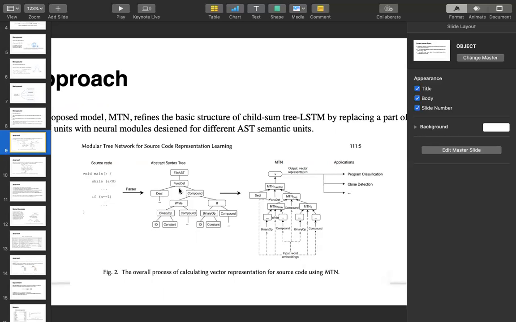For example, here in the graph we have a function definition unit, and they have designed a specific neural module for these units, whereas the normal tree LSTM just uses the same neural module for all different AST units.